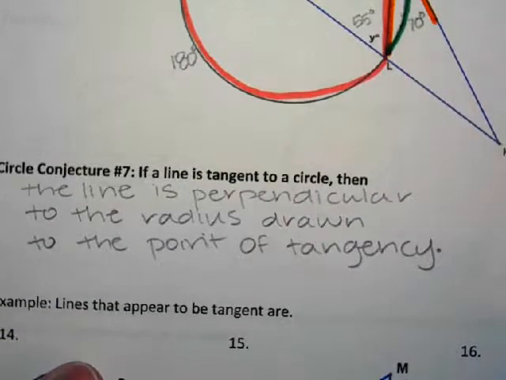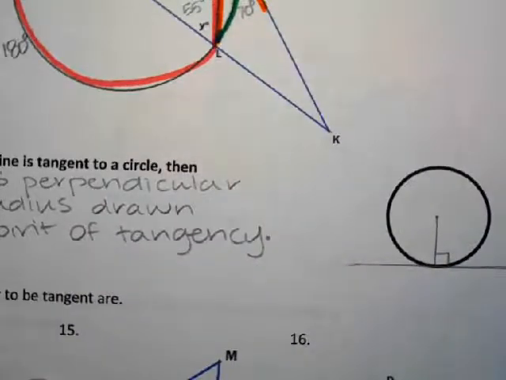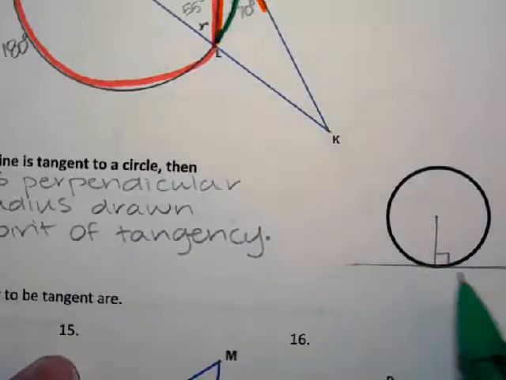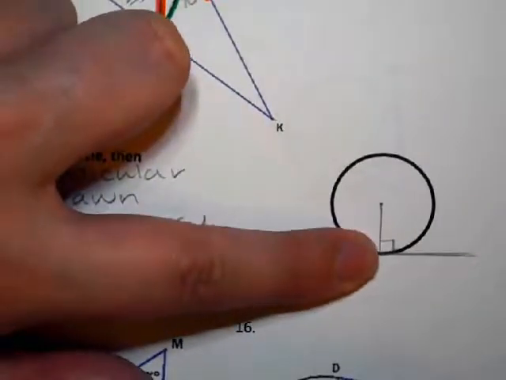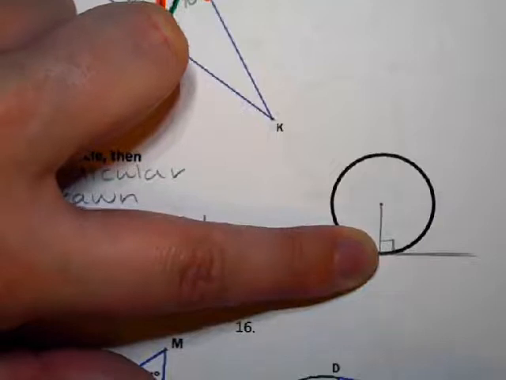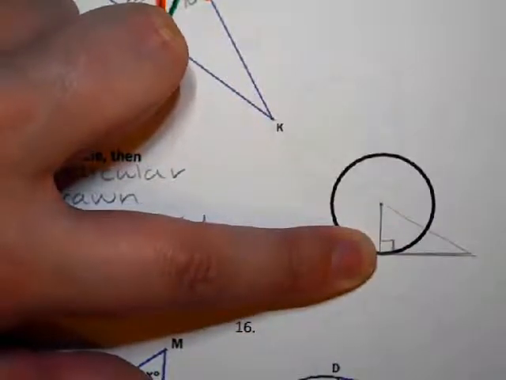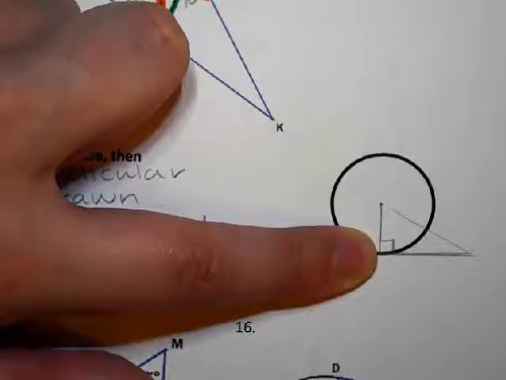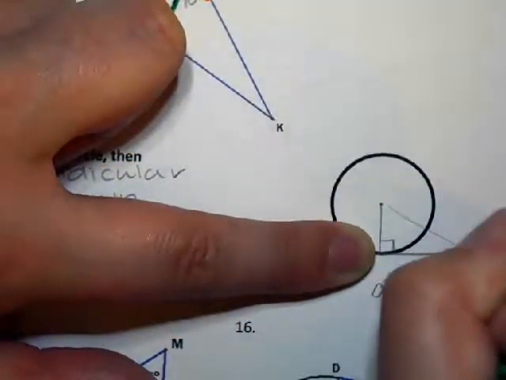A lot of times they'll take this and erase half of it, and then draw another side, and it's a right triangle. A squared plus b squared equals c squared. They do that all the time with these.